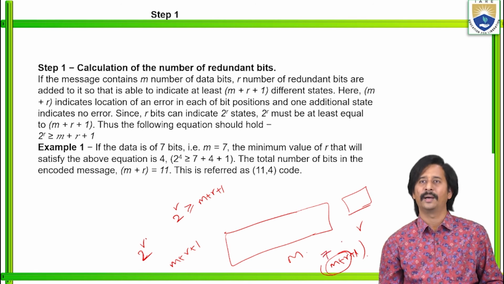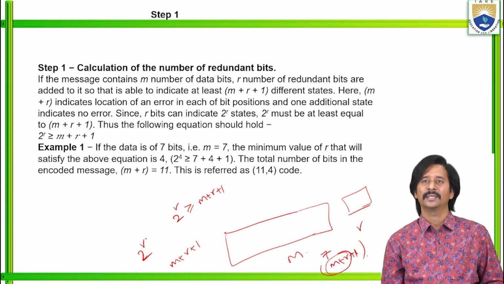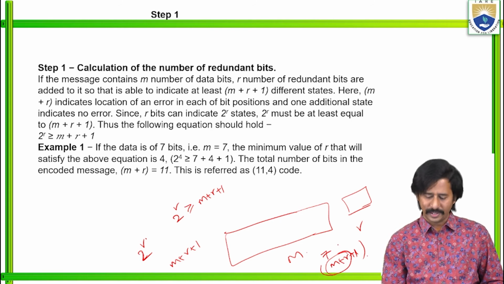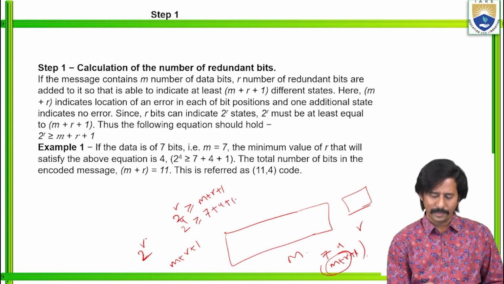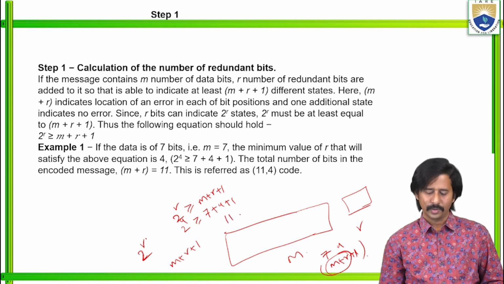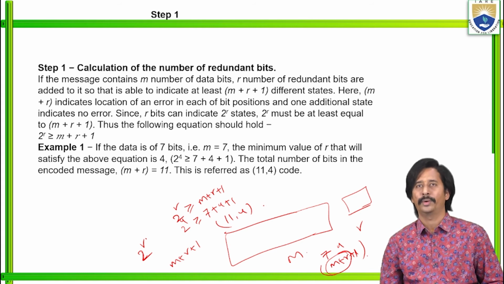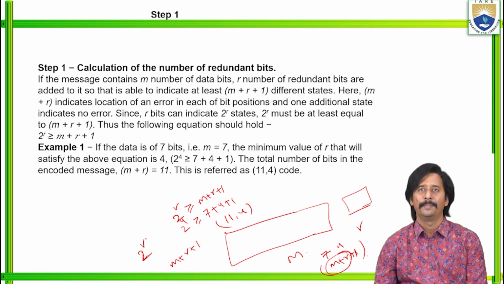The data bits are 7, and the minimum value of r which satisfies that equation is 4. So 2 power 4 is greater than or equal to 7 plus 4 plus 1. So the total m plus r, 7 plus 4, equals 11. So this is referred to as the 11,4 code.